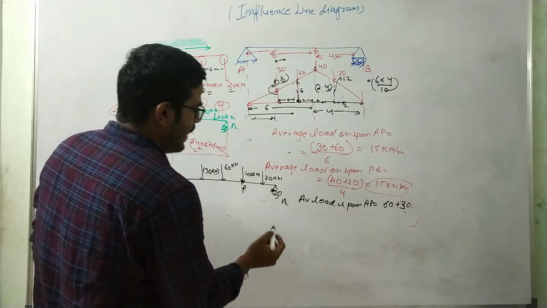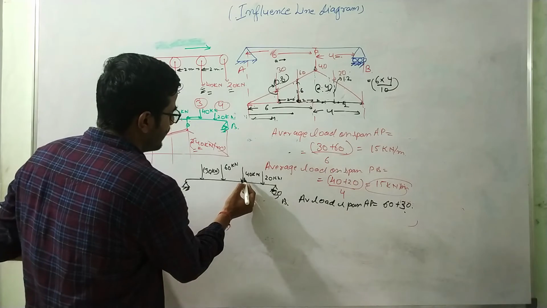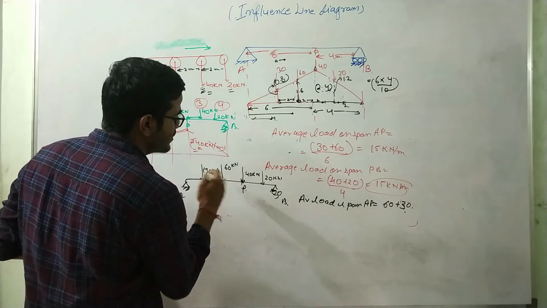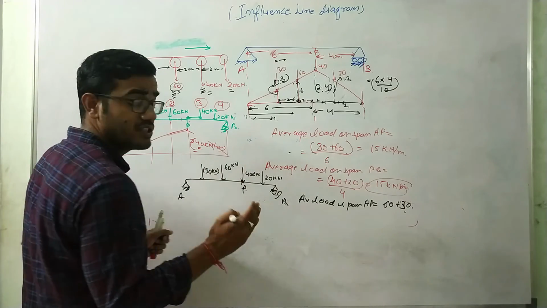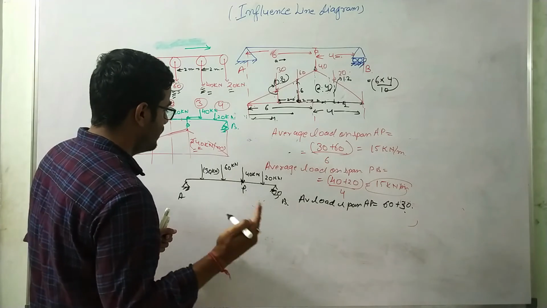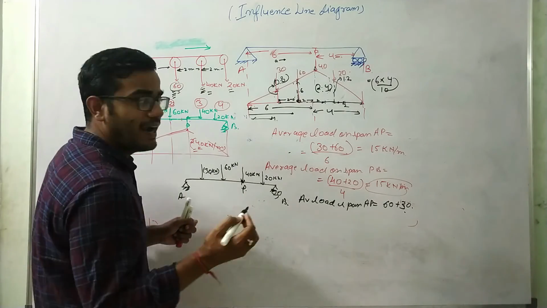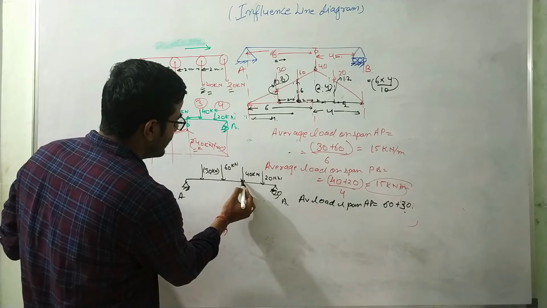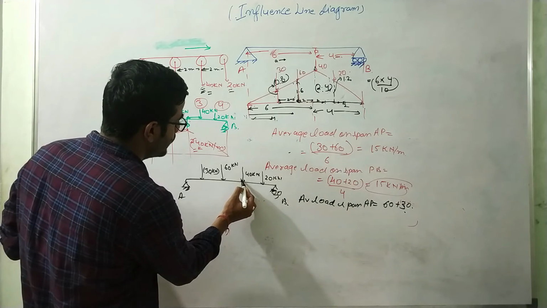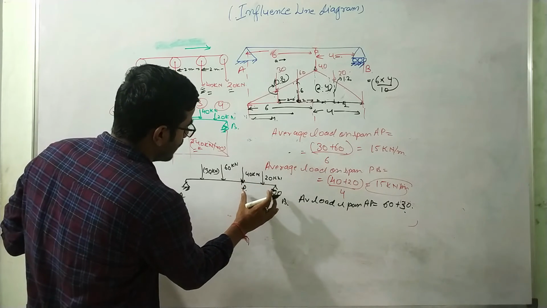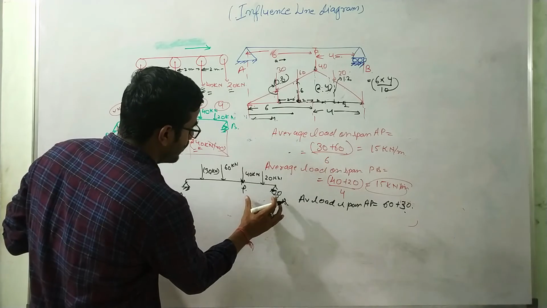So I'm assuming that the 40 kilonewton load is just about to cross point P. From that you can say this 40 kilonewton load is completely transferred to the span PB.